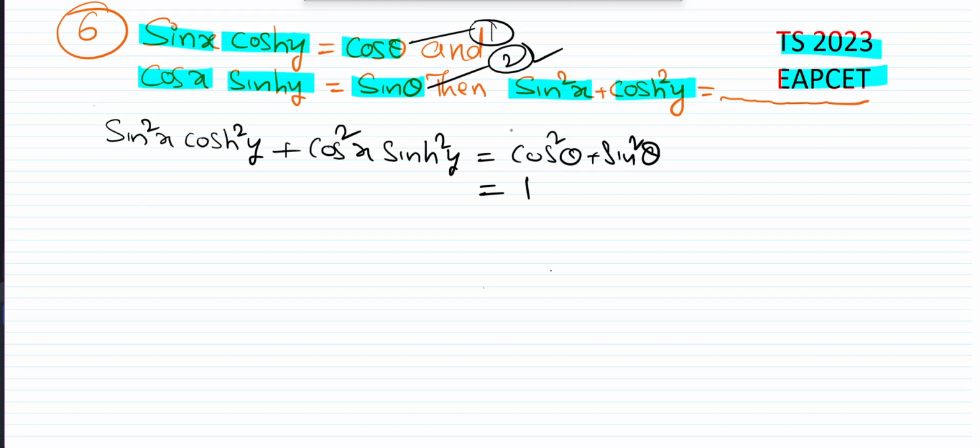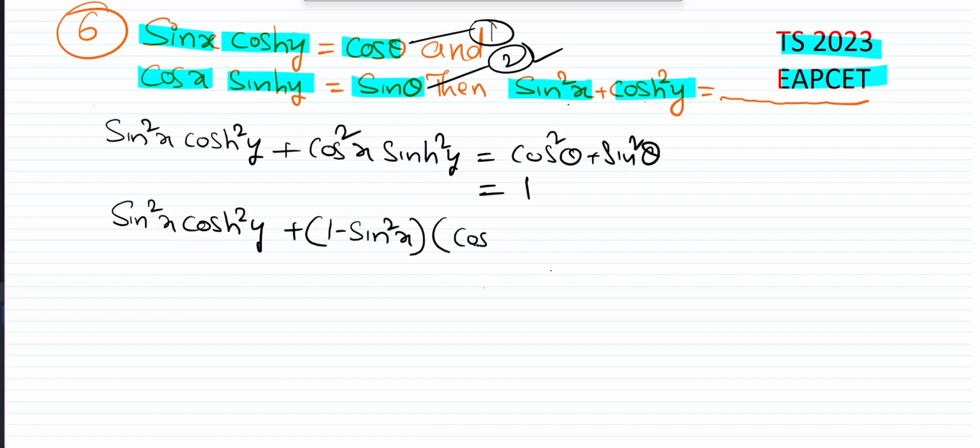Now we find sin square x plus cosh square y. So this is the first one, sin square x into cosh square y, plus here cos square x is written as 1 minus sin square x, into sinh square y.